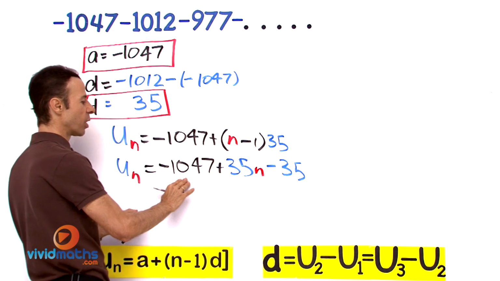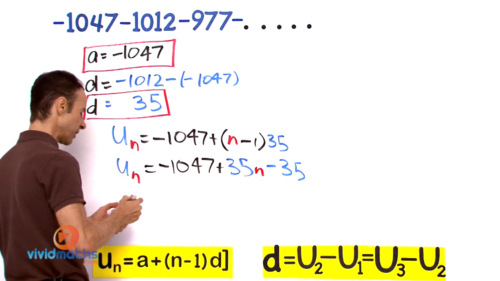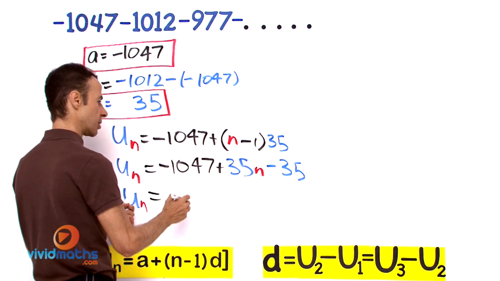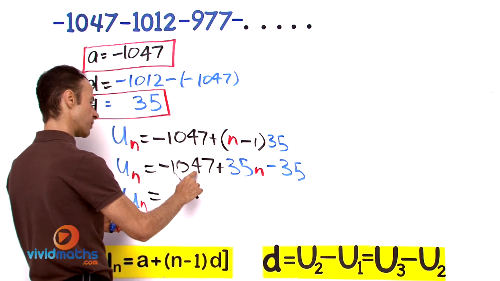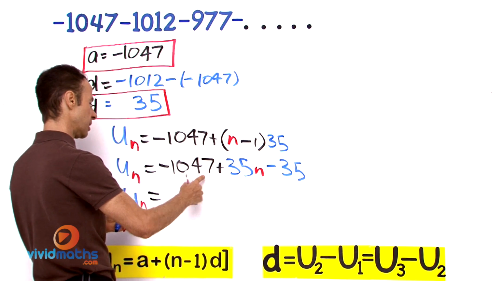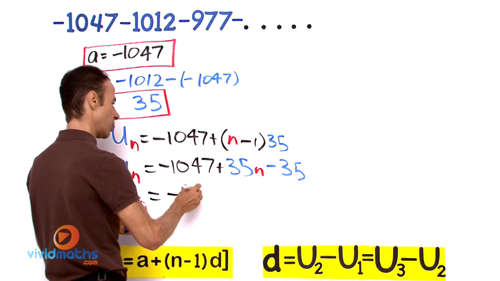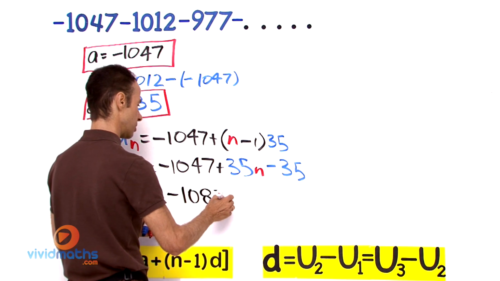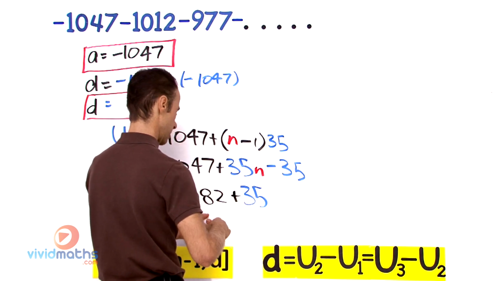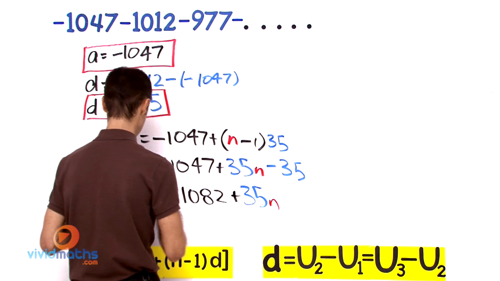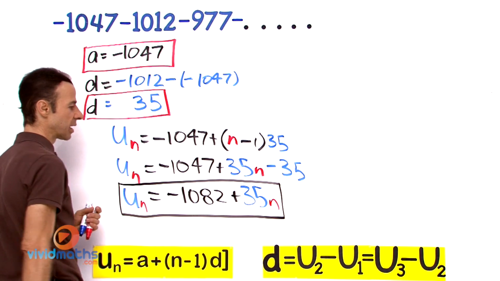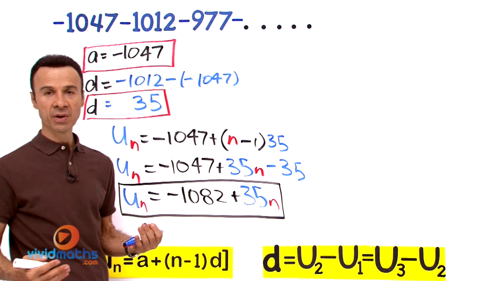Bringing the constants together, negative 1047 take away 35 is negative 1082, plus 35n. There's our general rule. That's the formula that allows us to determine various terms.